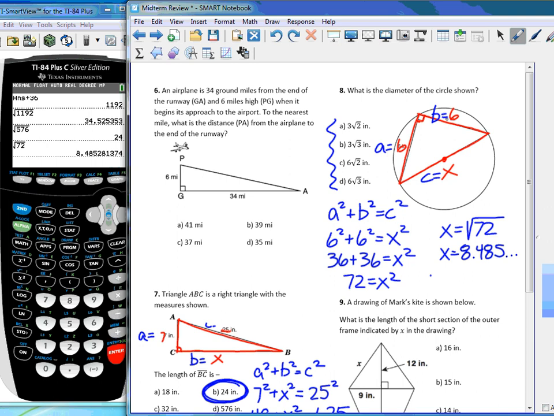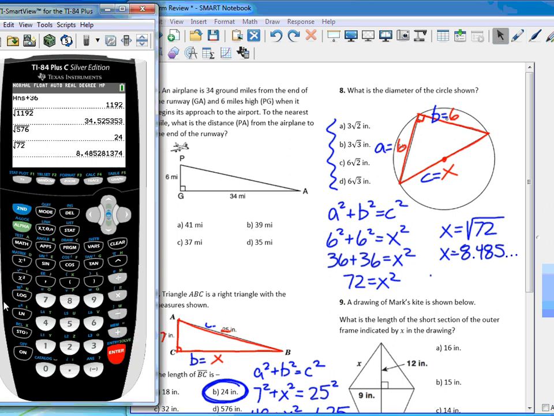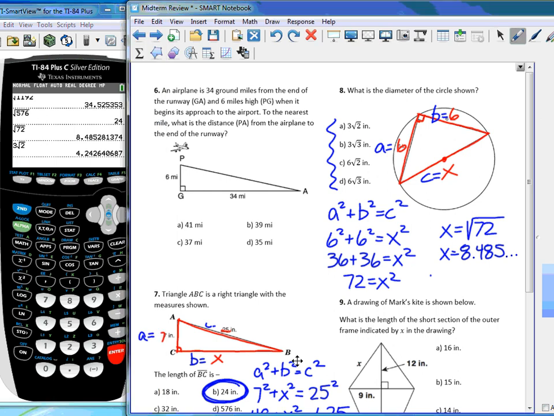So we'll start with the 3 square root 2. So I put in my 3, I go to second x squared for my square root, and I go 2, and I hit enter, and that's not it, is it? So now I can come over here and cross off A.